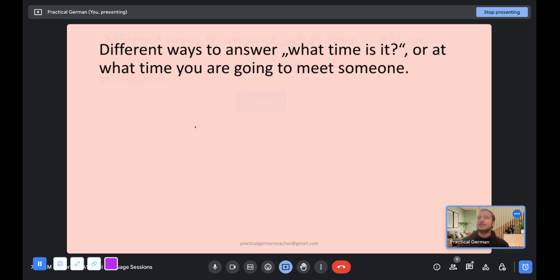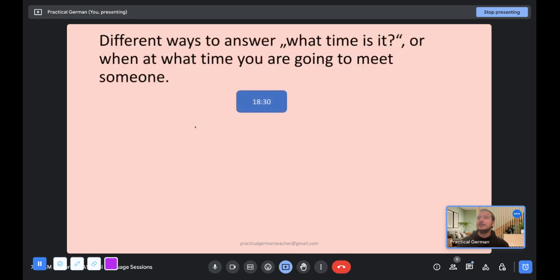Just asking, maybe someone knows how to read this as time. Anyone? Those who are already in Germany, how do I read this? If I have to say 6:30 or 18:30, how do I read this? Really? No one? Okay.